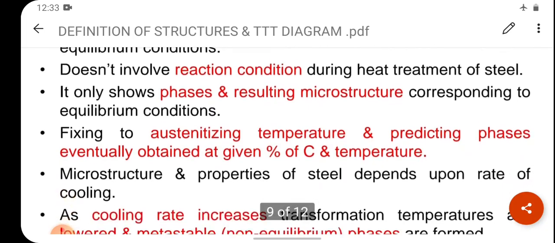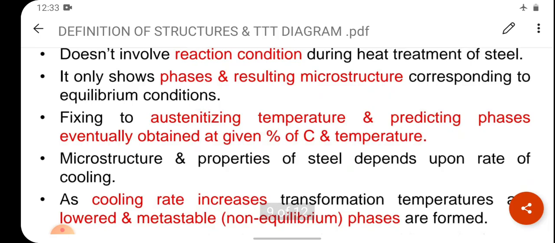So microstructure and properties of steel depend upon rate of cooling. It is clear to all of you. किस रेट से हम कूल कर रहे हैं उस पर माइक्रोस्ट्रक्चर डिपेंड करेगा. दिस इज द बेसिक थिंग. क्लियर?